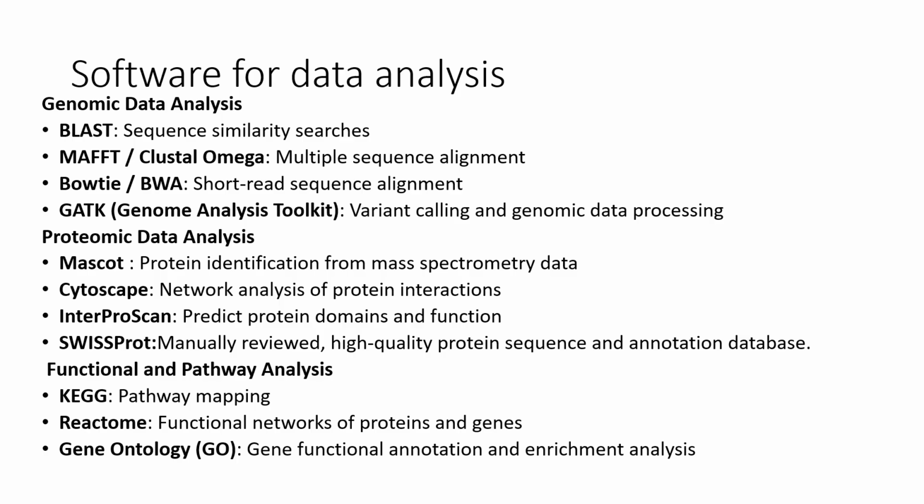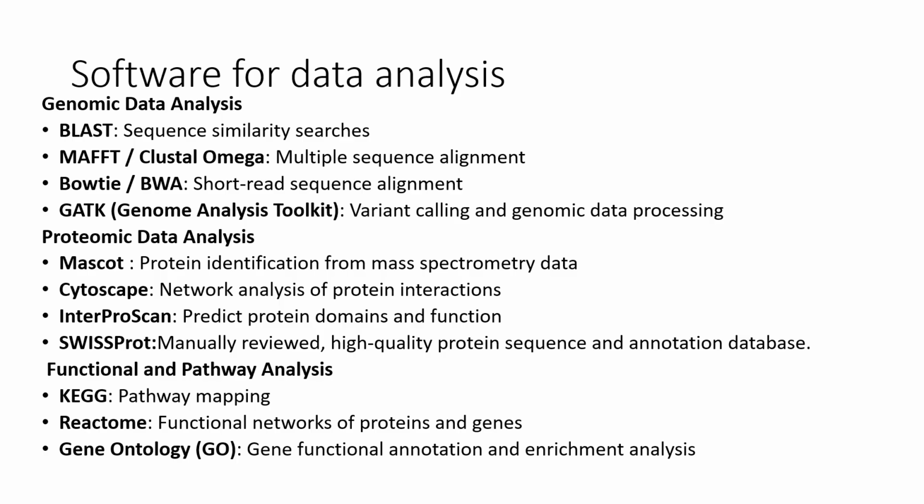BLAST is the sequence similarity search. Similarity, we discussed in an earlier lecture, means that we compare it to another sequence, nucleotide by nucleotide, to find how many nucleotides are aligned and similar in those sequences. This is done by BLAST. MAFFT and Clustal Omega are other tools for data analysis, used for multiple sequence alignment.